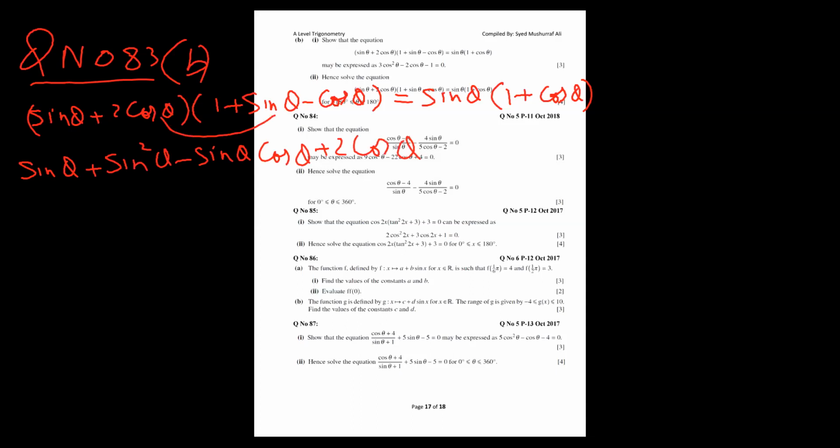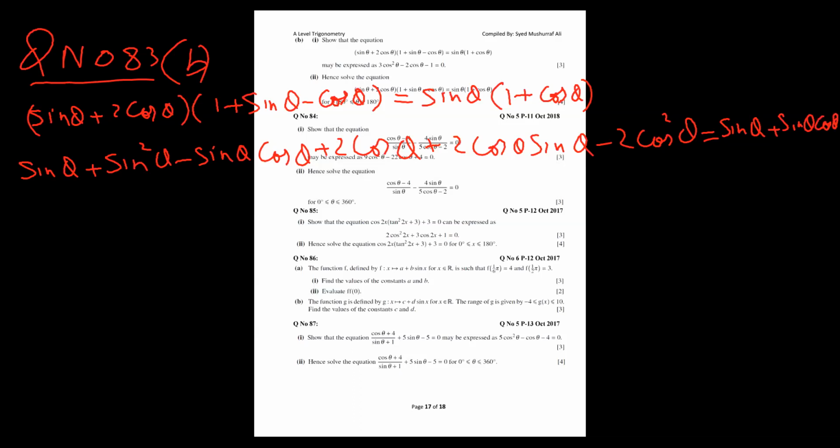And this into this, I got 2 cos theta into sine theta. And last, 2 cos into cos, so minus 2 cos square theta, is equal to sine into 1, which gives you sine theta, and sine into cos gives you sine theta and cos theta.